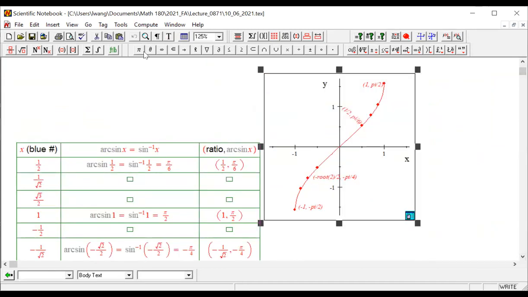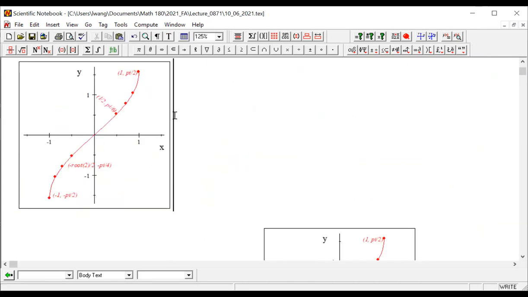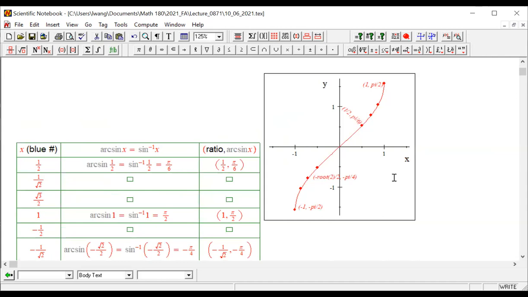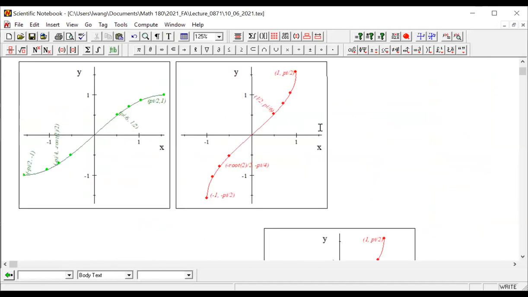Okay, so this is the picture for the arcsine. And this other picture, I have it for sine. Professor, can we call it restricted sine or one-to-one version of sine, because you said it's a new function?